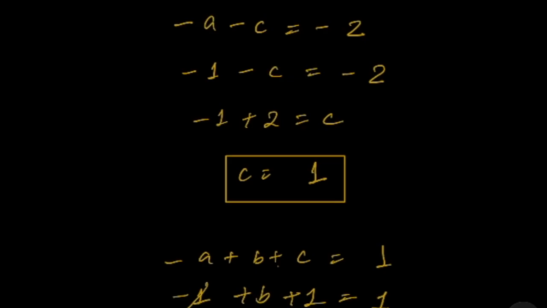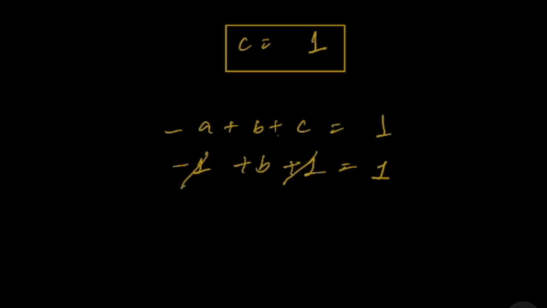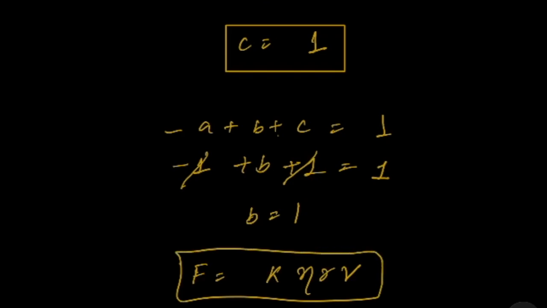So our formula comes out as F equals k, and the power of all is 1, so F equals k eta r v. This is the derivation. So that's how you calculate.